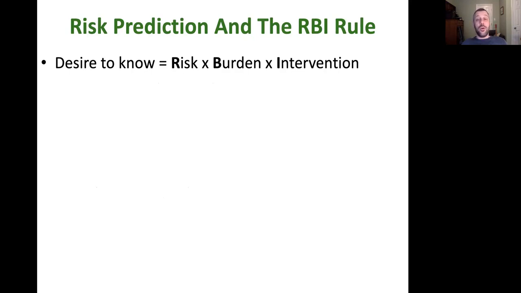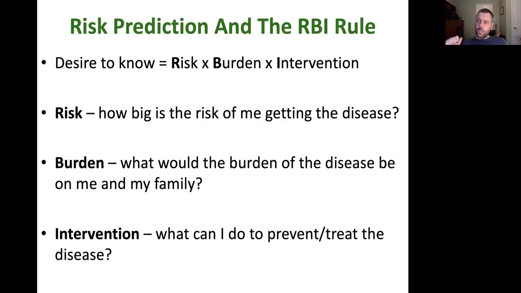The desire to know is risk times burden times intervention. Risk in this case is how likely am I to get the disease? Am I 90% likely or 9% likely to get the disease?